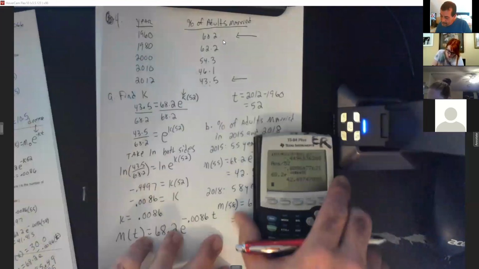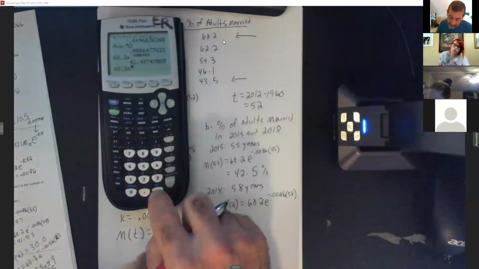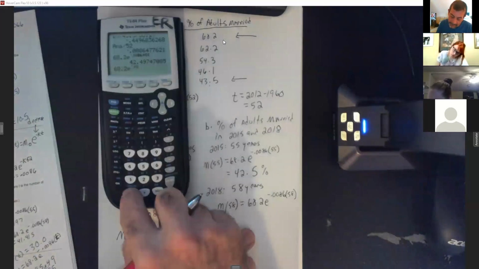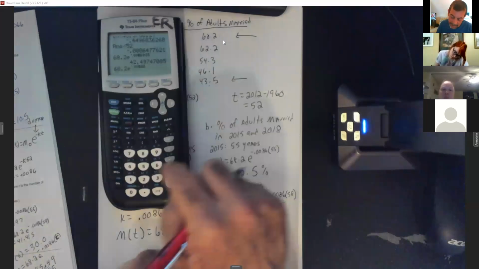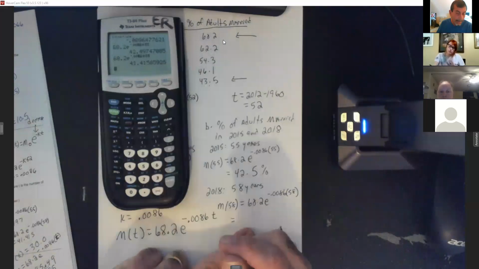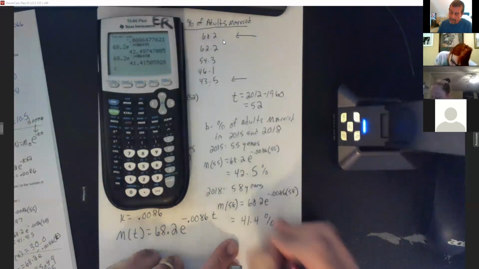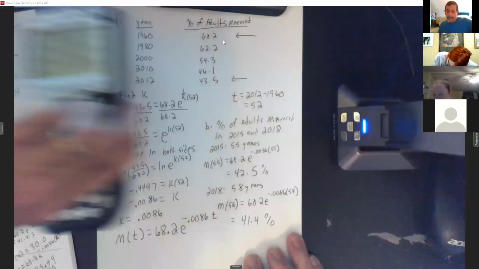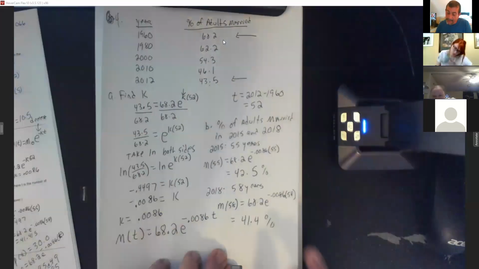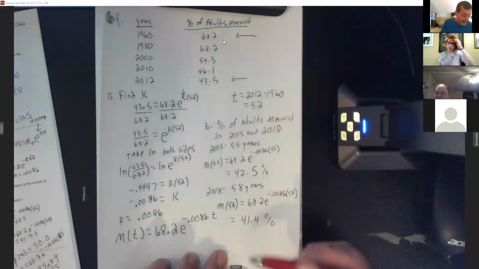Alrighty, y'all, so 68.2 second ln, and then that's a negative 0.0086 times 58. And that's a 41.4. I would be happy doing this problem because it's declining, and both of my answers are declining from what they gave us in the beginning.